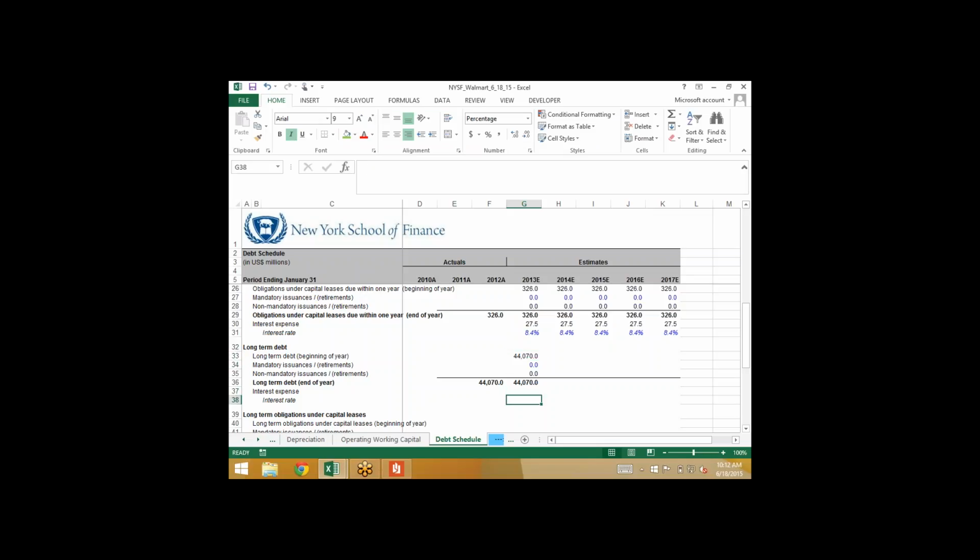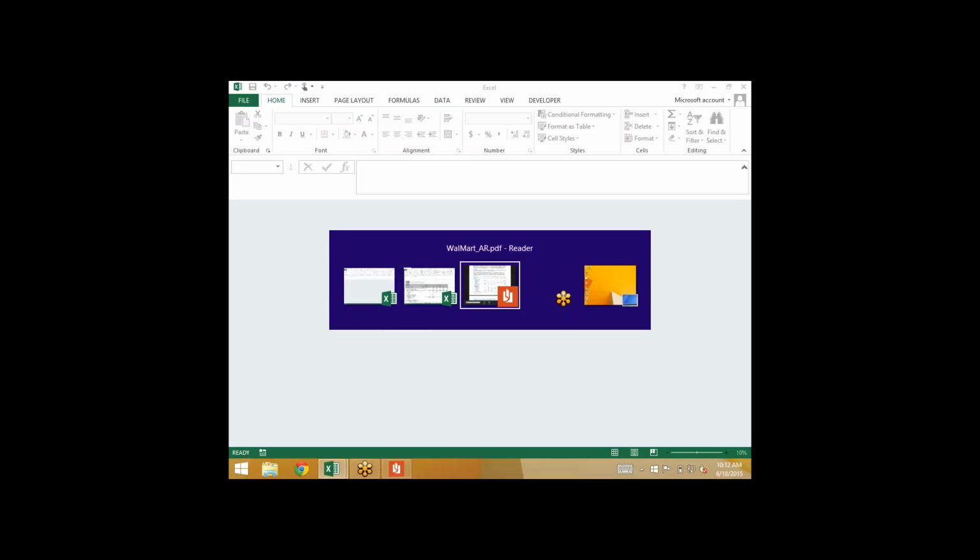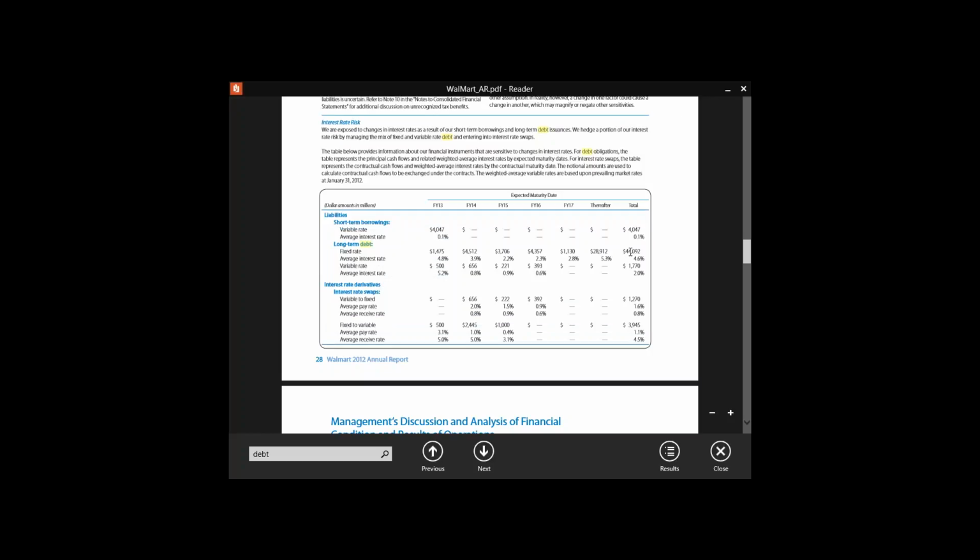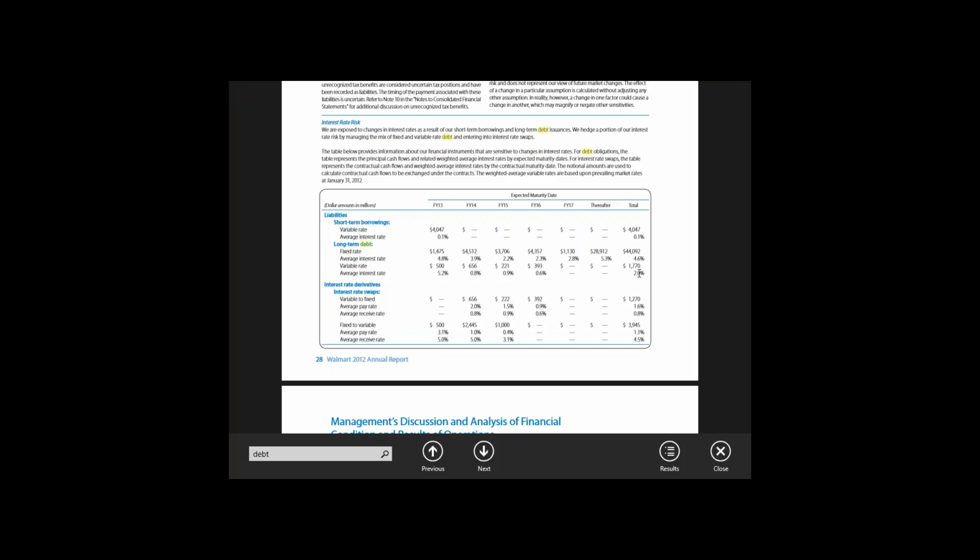So just a different way to calculate the weighted average: I took 44092 times 4.6 plus 1770 times 2, and I divided it. That gives you the interest rate, and I divided it by the combined balance of 44092 plus 1770. Just a straight up weighted average.